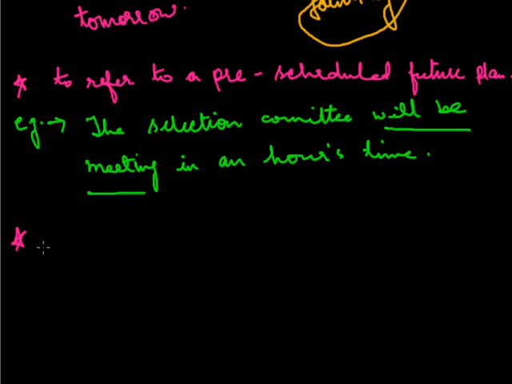Next is, okay, one more thing. Note that the same idea can also be expressed using the present continuous tense, but the degree of certainty is greater when future continuous tense is used.